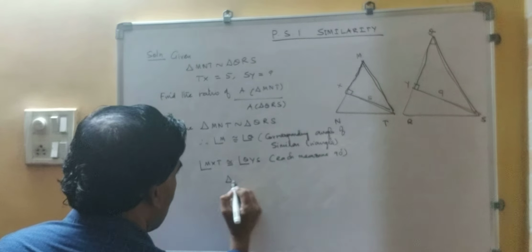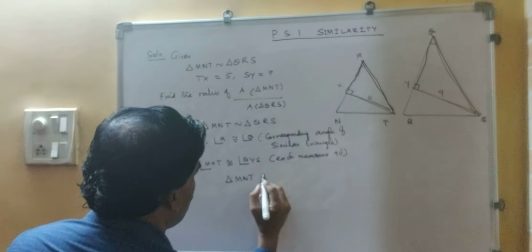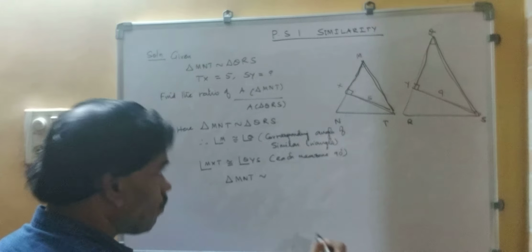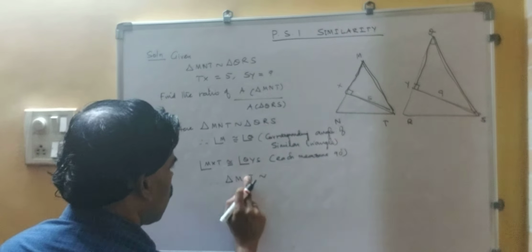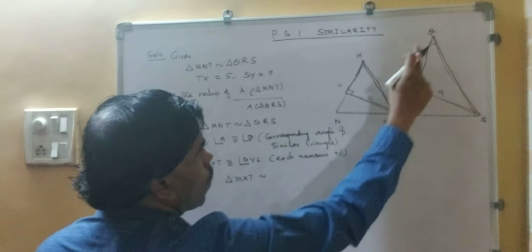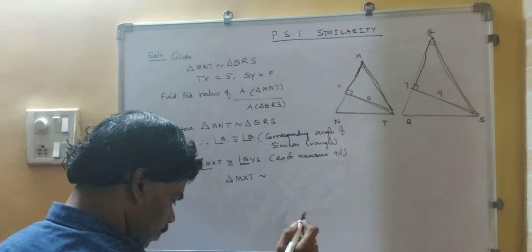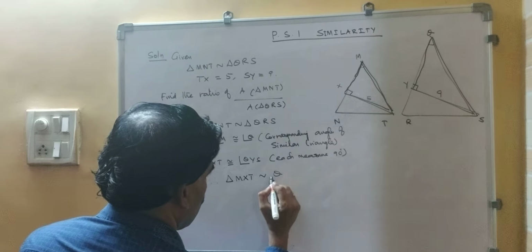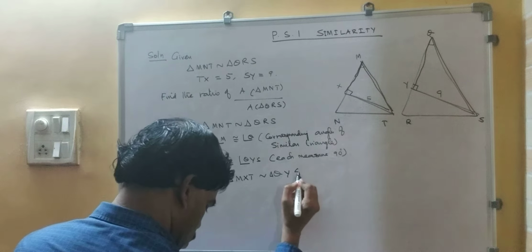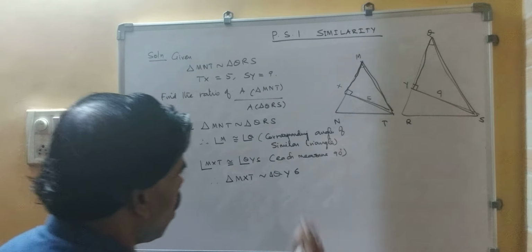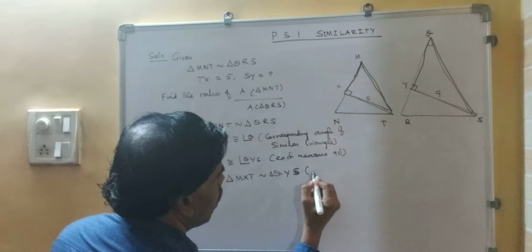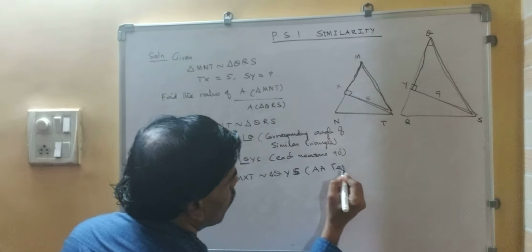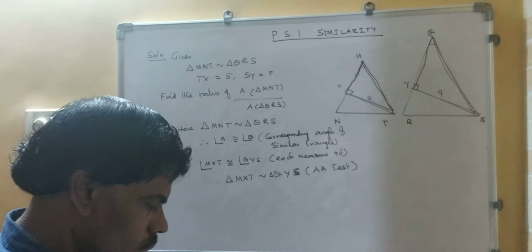Therefore, triangle MNT is similar to MXT similar to QYS. Correct or not? Which test? AA test. Okay.